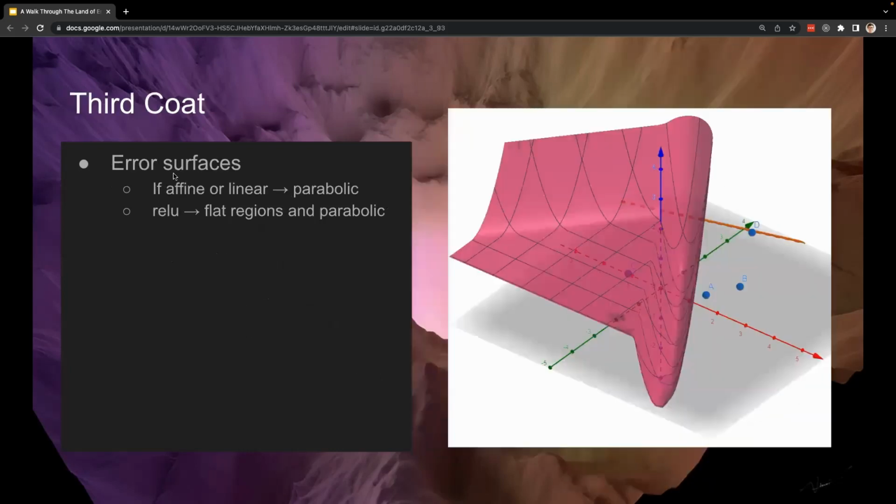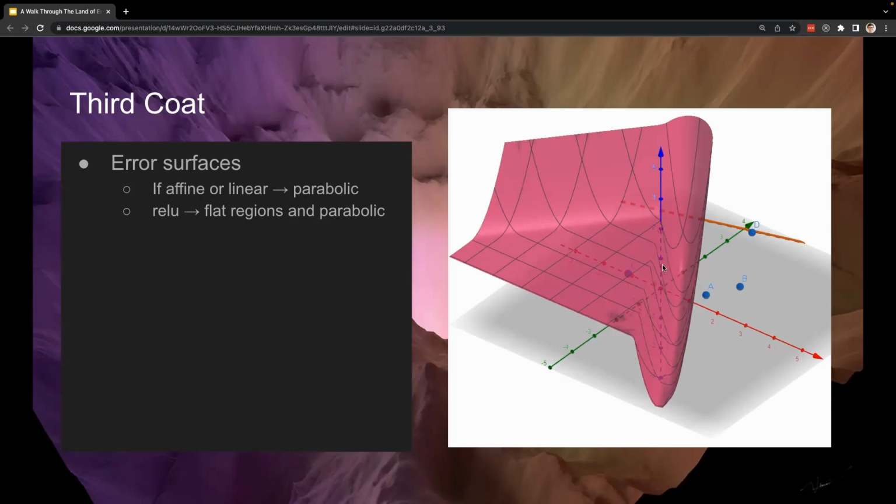I know I'm going pretty fast on these, but just one more thing. This is kind of just a question or a thought. If we only have an affine or linear function, so we don't have the activations, then the loss surface is parabolic. And if we just have ReLUs, in all of our toy examples, everything was either flat or parabolic.